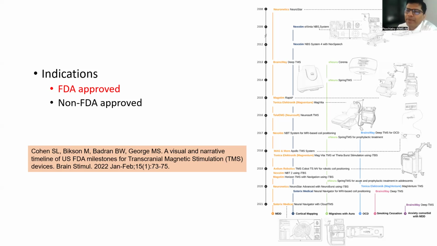That coil may not be approved by the FDA for OCD, for smoking, or for other psychiatric conditions. So it is not a blanket approval. It is a very precise approval for a particular coil, for a particular machine, for a particular protocol, and for a particular target area. So we need to understand this.